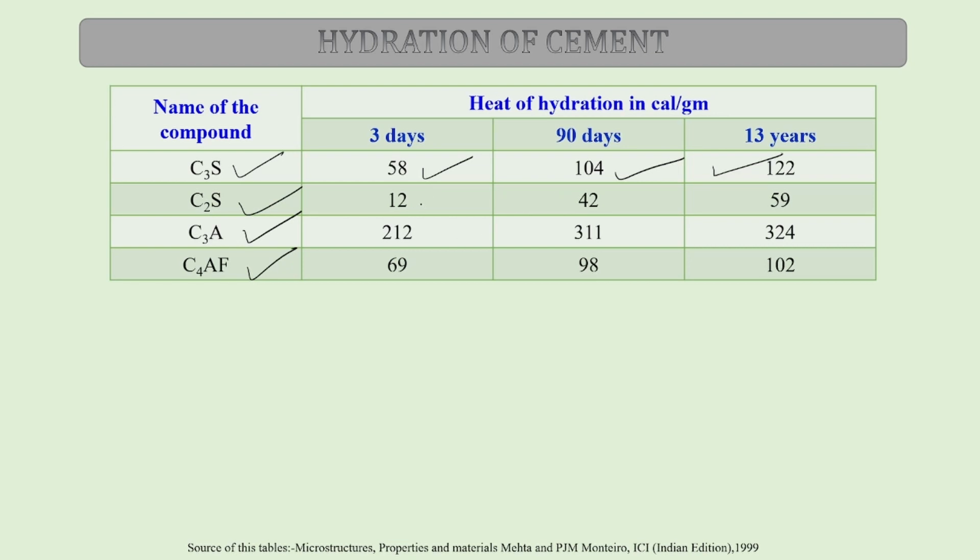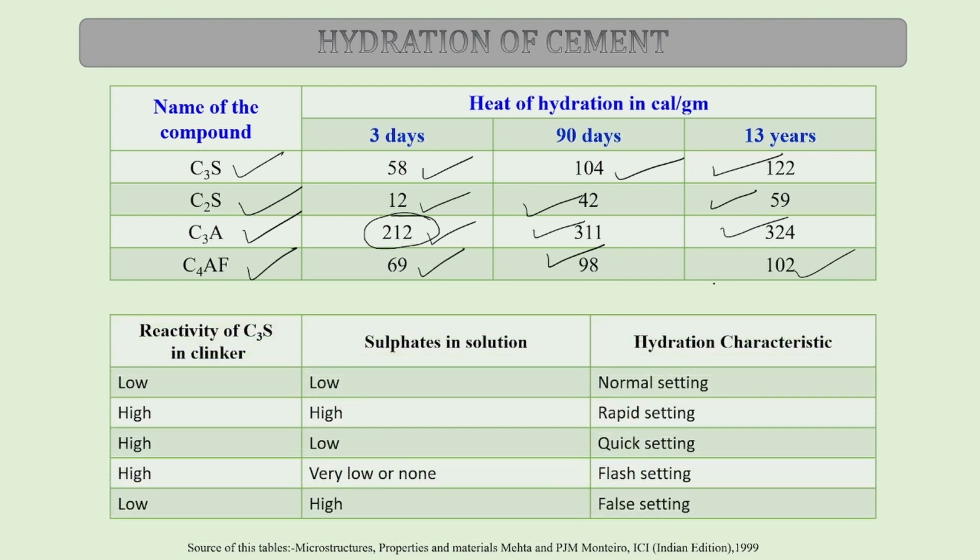Similarly, for C2S it will be 12, 42 and 59. For C3A it is 212. As you can see, this is the highest, as I have already said that this is the first compound to react and evolve the highest heat of hydration as soon as it reacts with water. Then 311 you can see over here, then 324. Similarly, for C4AF it is 69, 98 and 102.